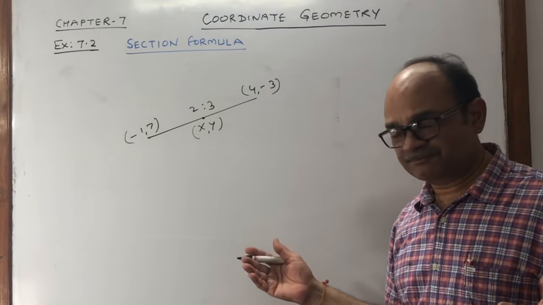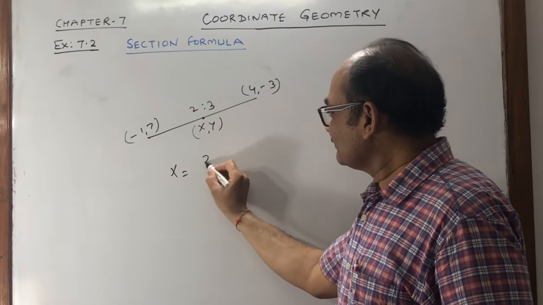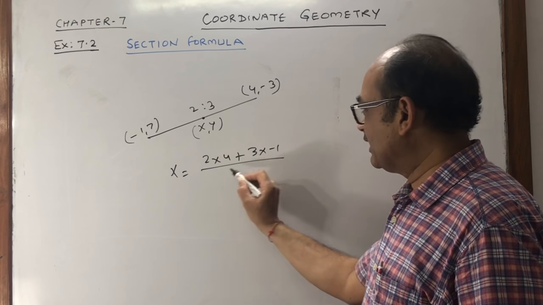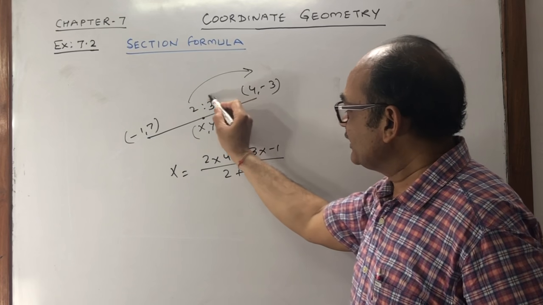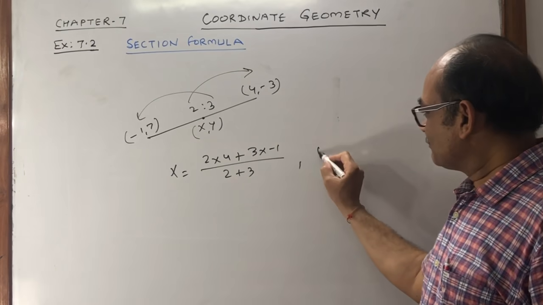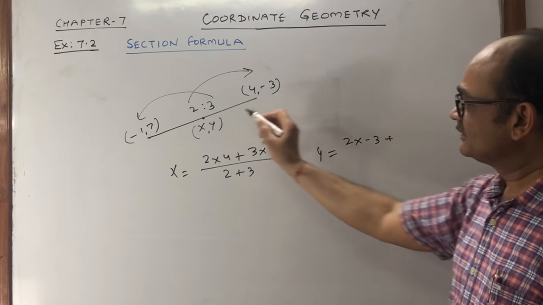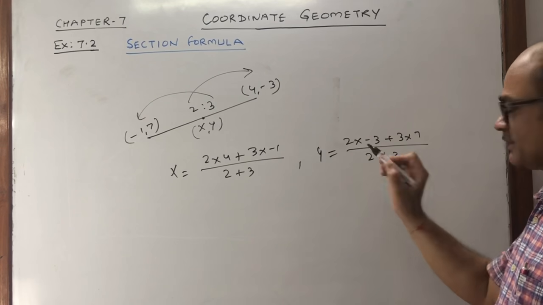Apply the direct formula. x equals 2 into 4 plus 3 into -1 divided by 2 plus 3. Always put an arrow, left to right, right to left. Yaad hai na? Yes. And y equals 2 into -3 plus 3 into 7 divided by 2 plus 3.